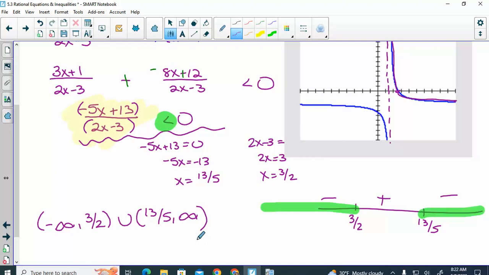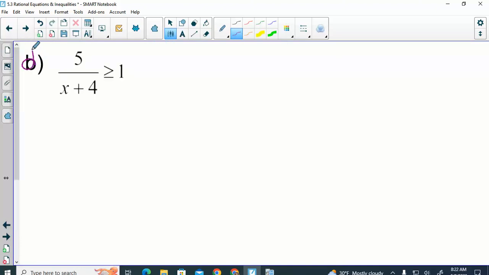Is this one okay? I would like for you guys to try this. We have to subtract over the 1. Okay, this is like a 1 over 1.